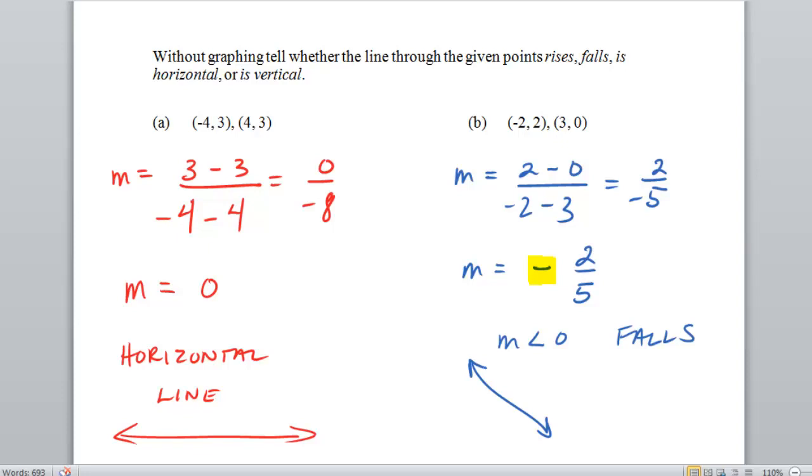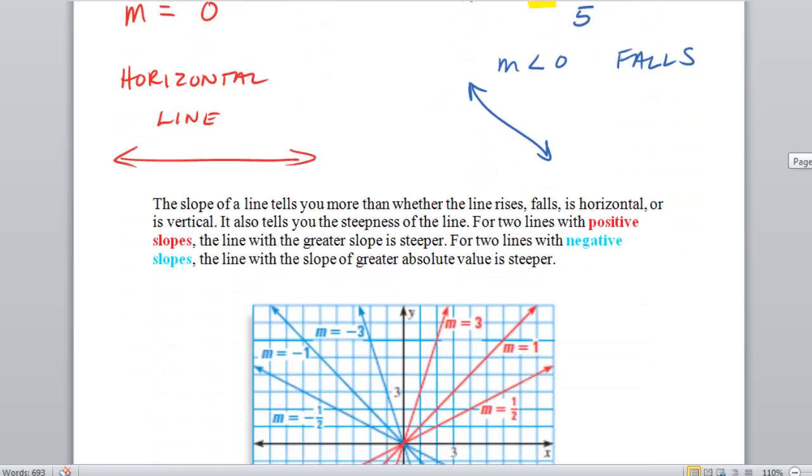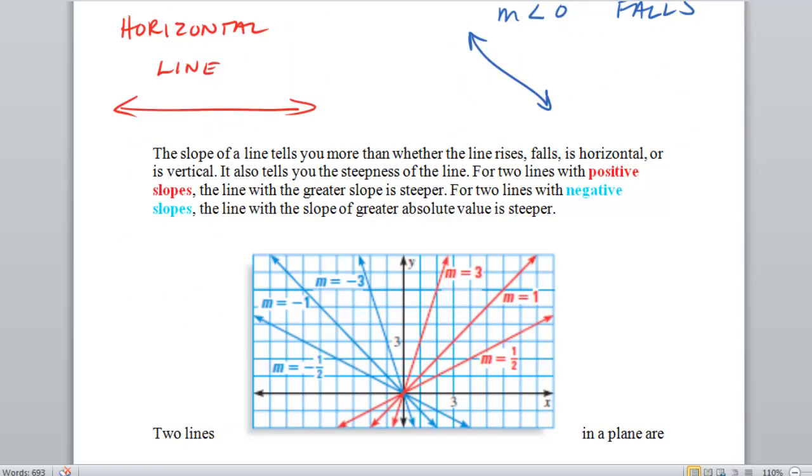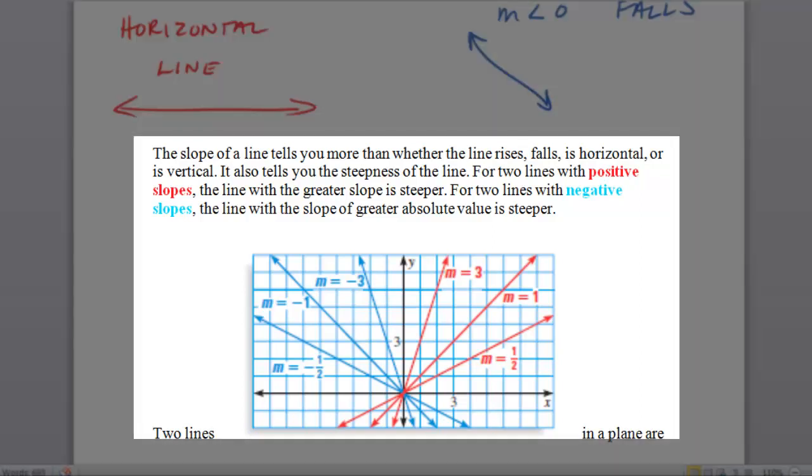Okay, now we can also talk about the steepness, if you will, of slope. We have this little grid here that shows us whether it's positive or negative, just how the slope changes the steepness of a given line. And so I'll just use the positive sloping ones.